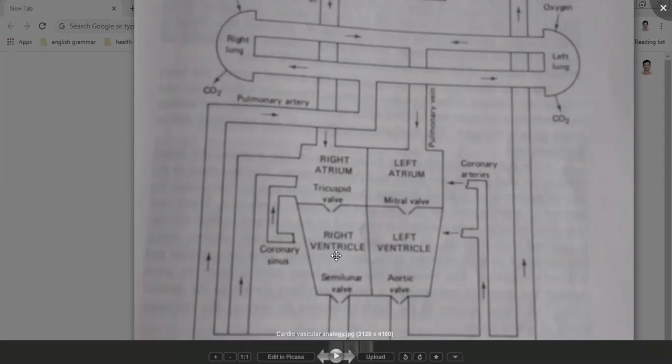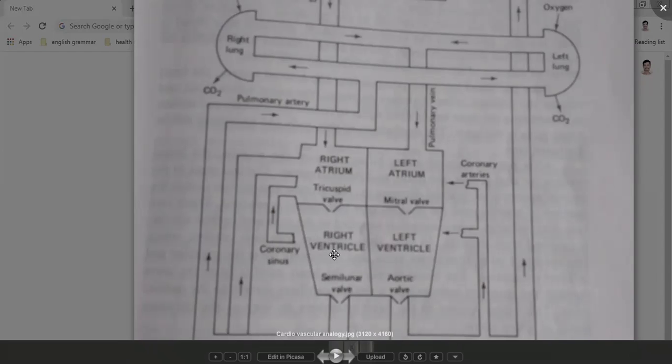When the blood fills this right ventricle, sufficient pressure builds up and the Tricuspid Valve closes. When the pressure in the right ventricle is more than in the right atrium, the Tricuspid Valve is closed.